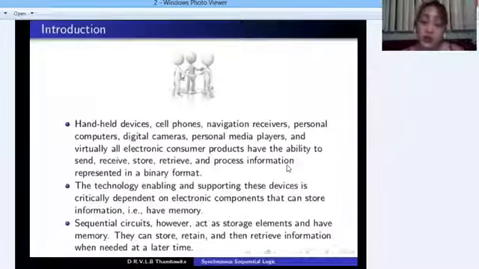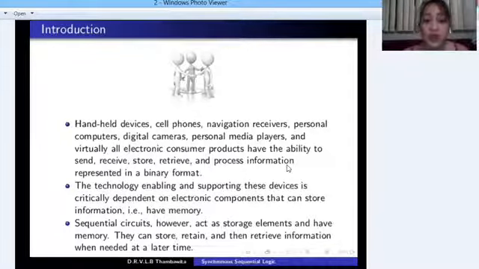So, for the introduction, we all know handheld devices, cell phones, navigation receivers, personal computers, digital cameras, etc., that we have now, are processed information represented in a binary format.